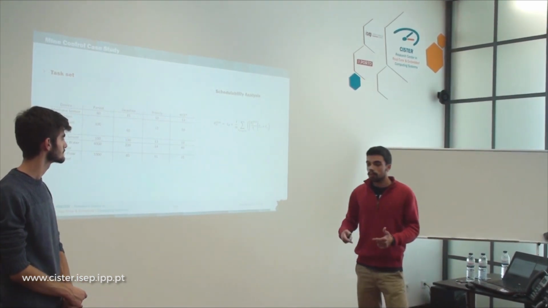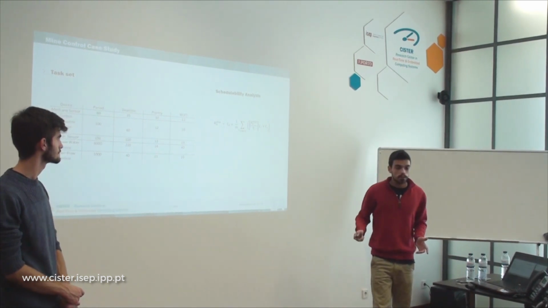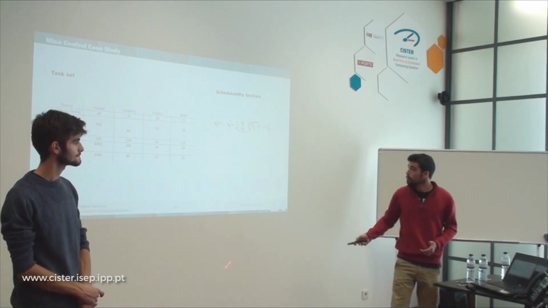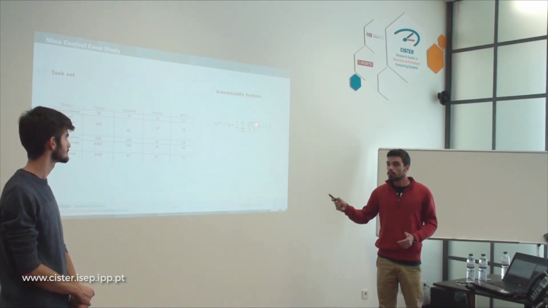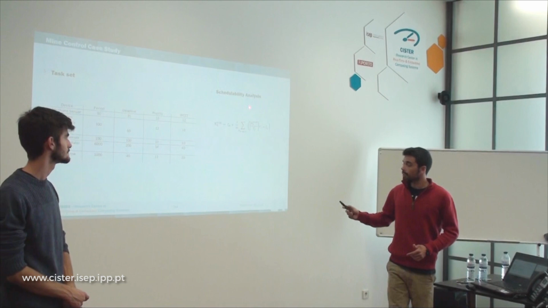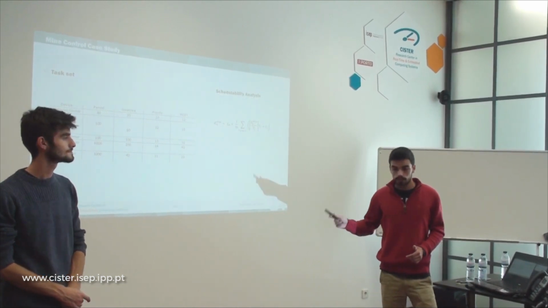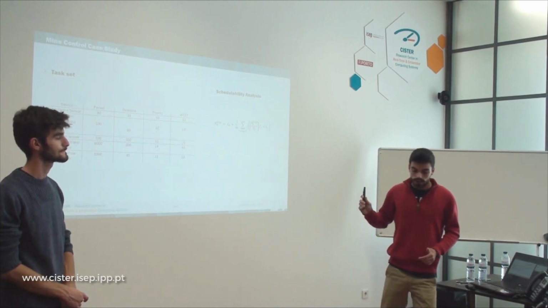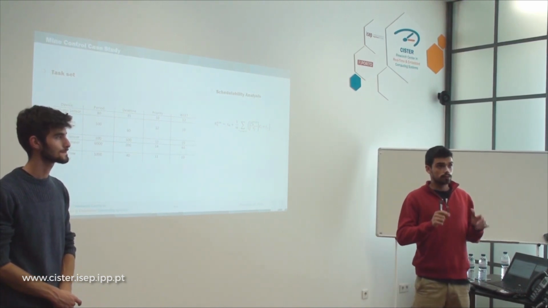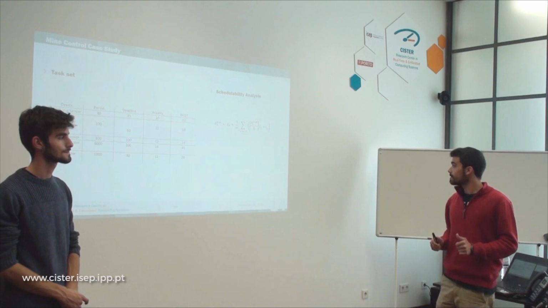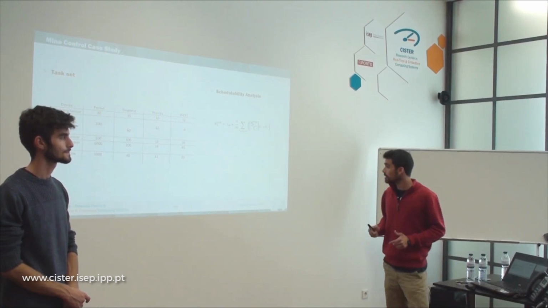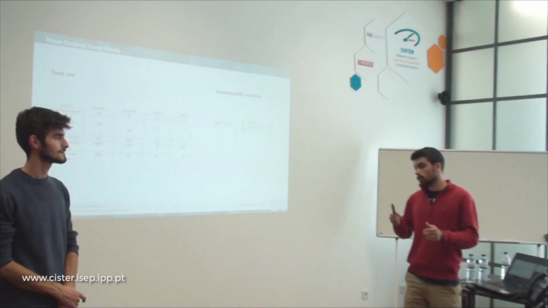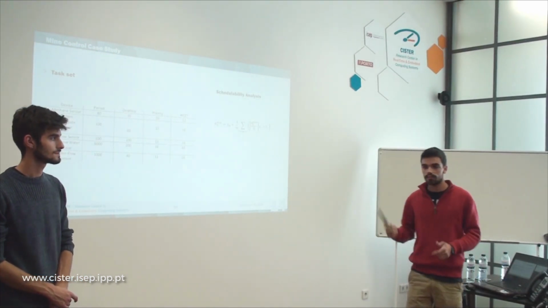Before implementing our case study, we had to verify if our system was schedulable. So we used this famous response time analysis test for schedulability for fixed priorities, where we calculated the response time for each task. Our system will be schedulable if each response time is inferior to its relative deadline.